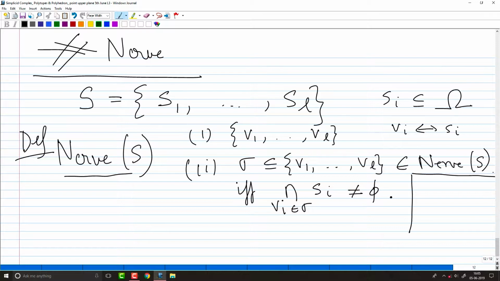So, I can think of a graph as an abstract simplicial complex. How? I will include the vertices as singleton sets, then I will have the edges, which are anyway 2-sets, and I will add the empty set also, the way we are doing it. This will define a graph completely. It is a simplicial complex.